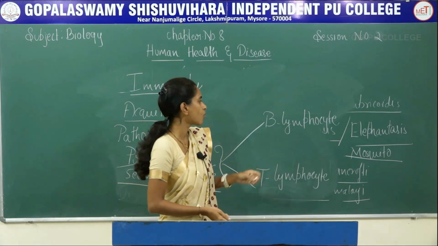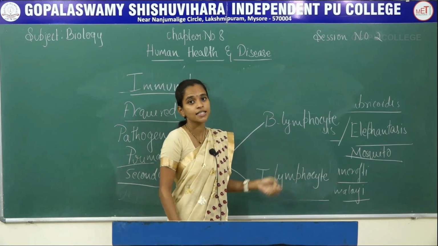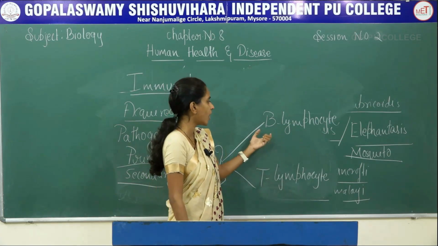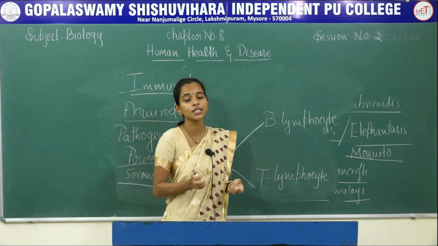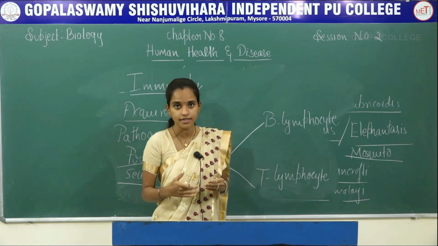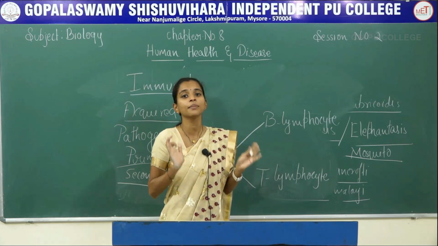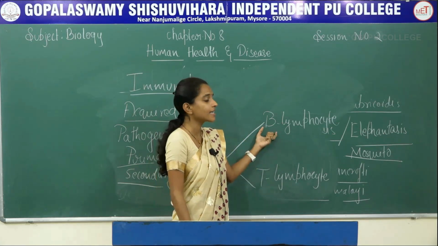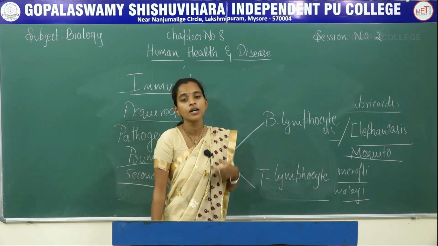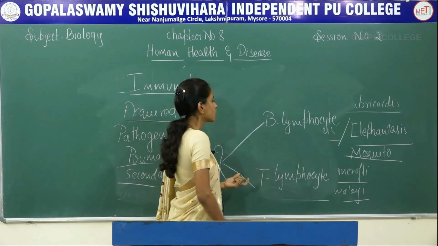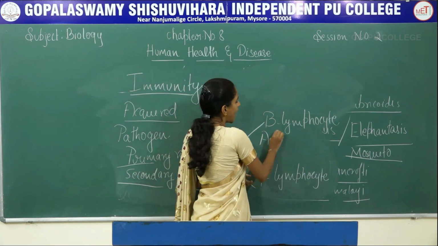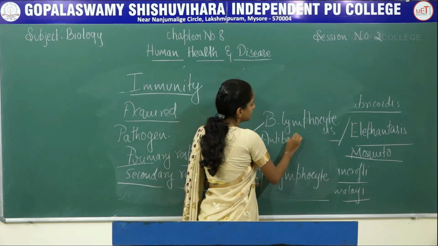What is the effect of these cells on the pathogen? If any pathogen enters into the body, then the B cell produces a large army of proteins. They release a higher amount of proteins into the body fluid, that is the blood. These proteins are nothing but antibodies.